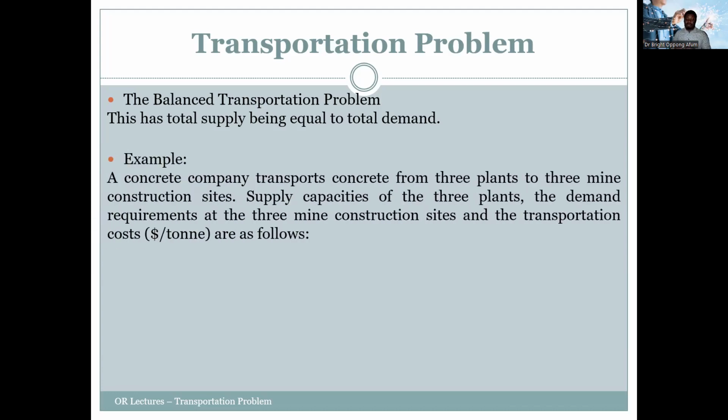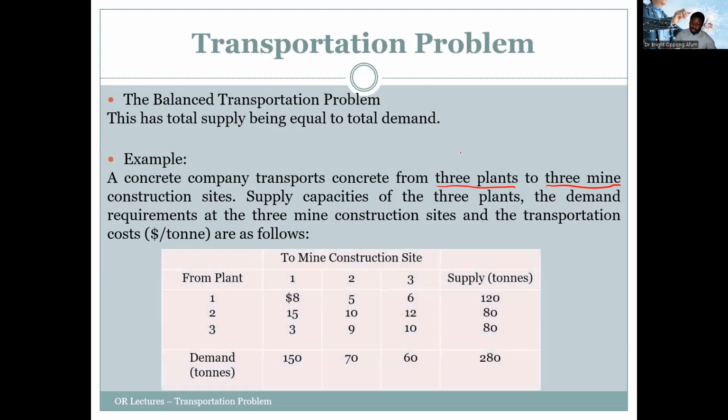Let's look at an example. A concrete company transports concrete from 3 plants to 3 mine construction sites. So obviously from 3 sources to 3 destinations. So it's balanced. The supply capacities of the 3 plants, the demand requirements at the 3 mine construction sites, and the transportation costs are given in this table.